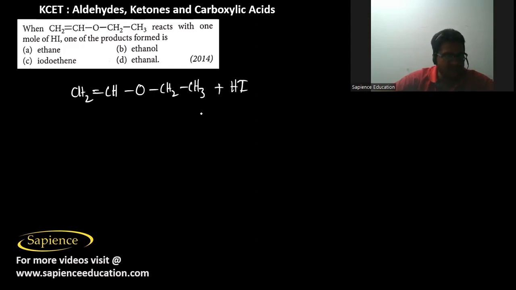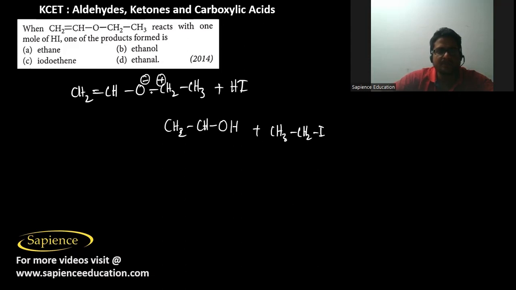So when it reacts with HI, it will form CH2=CHOH plus CH3CH2I. Since the carbocation will be formed here and O minus will be formed here when there is heterolytic cleavage.